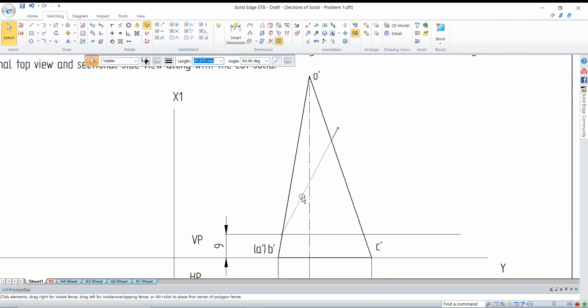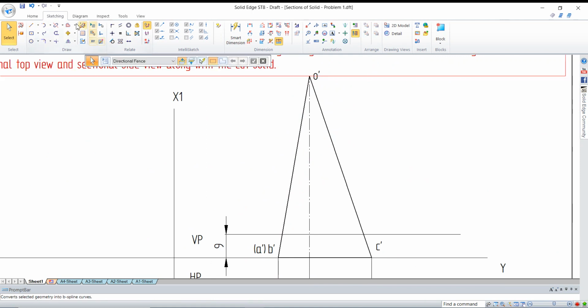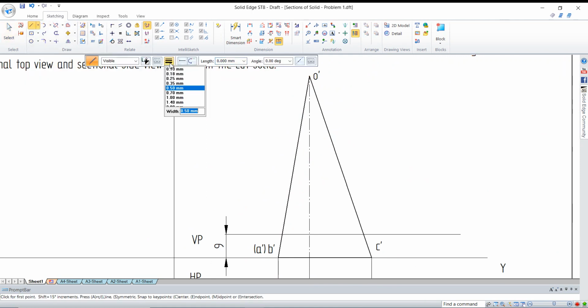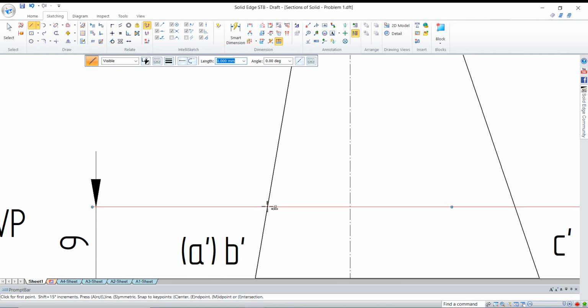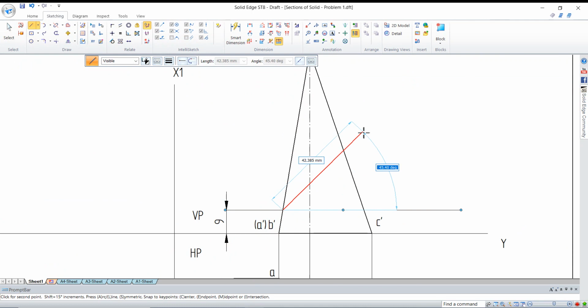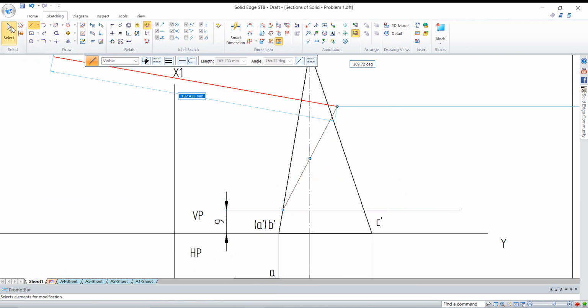When I zoomed in there is a slight mismatch, so I'll redraw that again. Let it be 0.15, and zoom in. In case you are not finding the intersection, you have to look properly, and it should be 63 degrees.